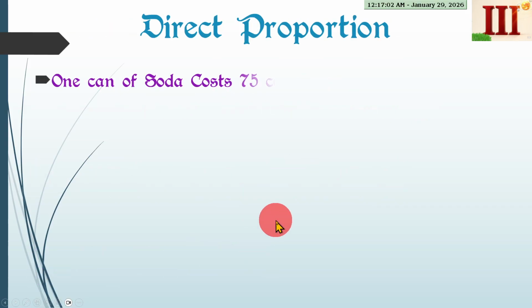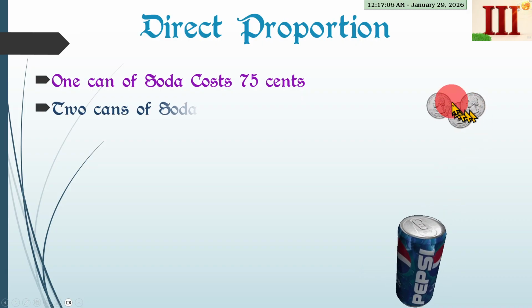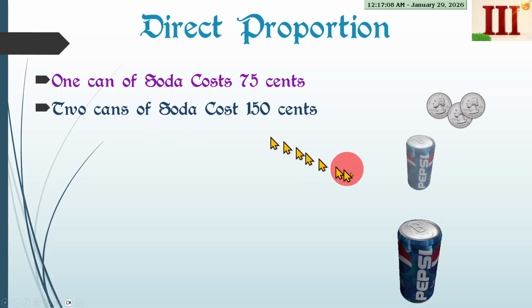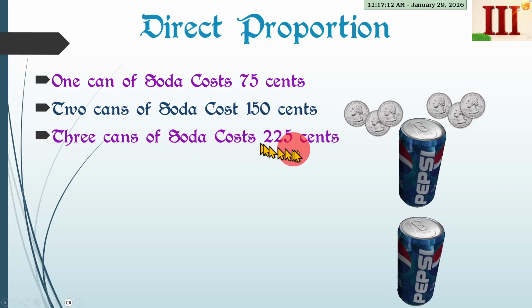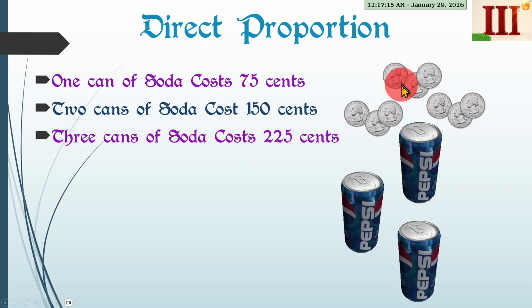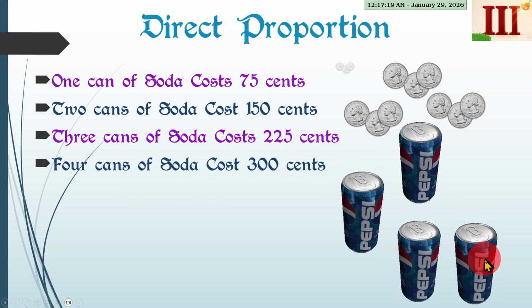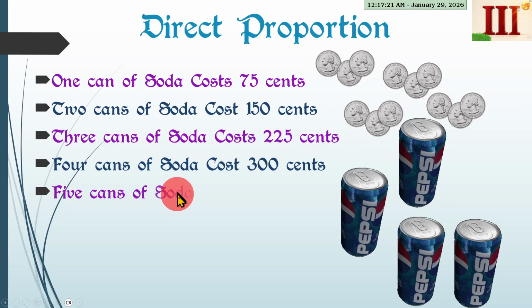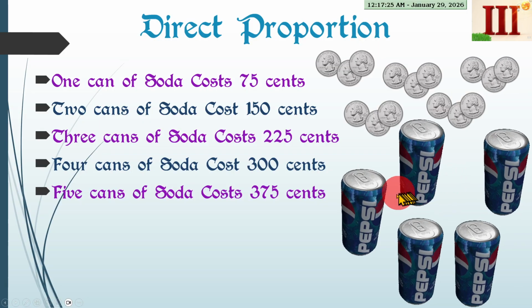So if we have a can of soda and it costs 75 cents, get another can, and 2 cans would cost $1.50. 3 cans would cost 225 cents. 4 cans would cost 300 cents, which is 3 dollars.